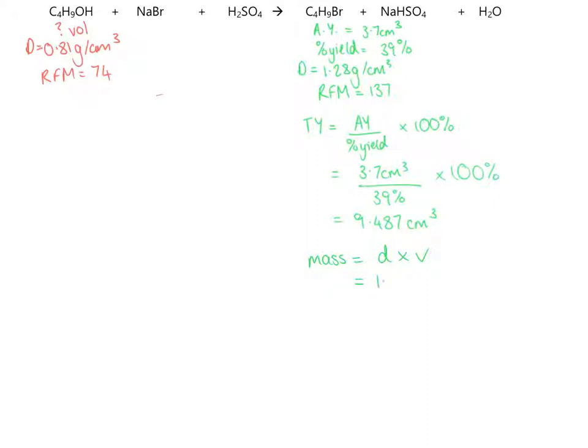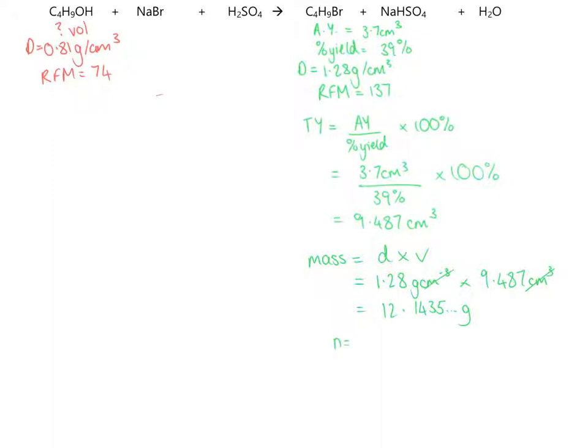Density is 1.28 grams per centimetres cubed. My volume is 9.487 centimetres cubed. You can see that those centimetres cubed cancel out, and I get left with a value of 12.1435, and so it continues on, grams. Again, keep that in your calculator if you can.